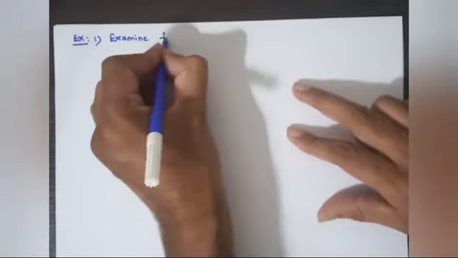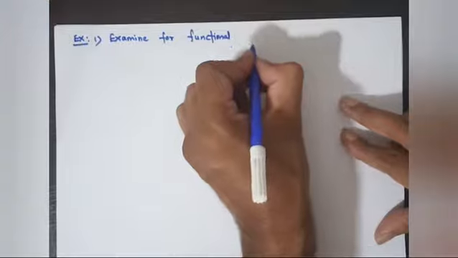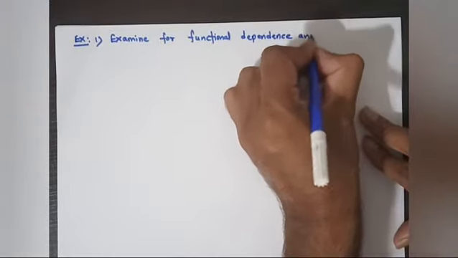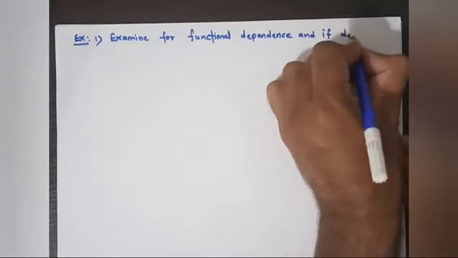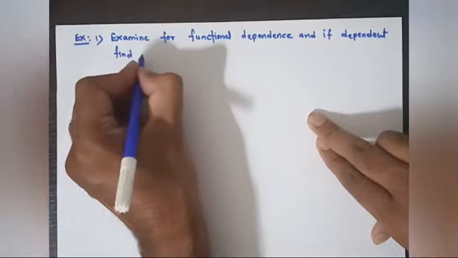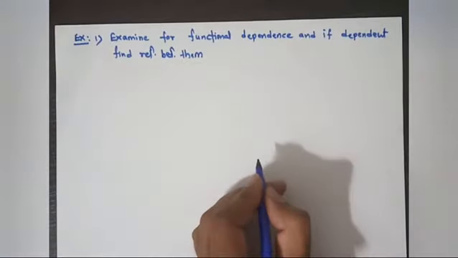So let us take one example on functional dependence. Examine for functional dependence, and if dependent, find the relation between them.